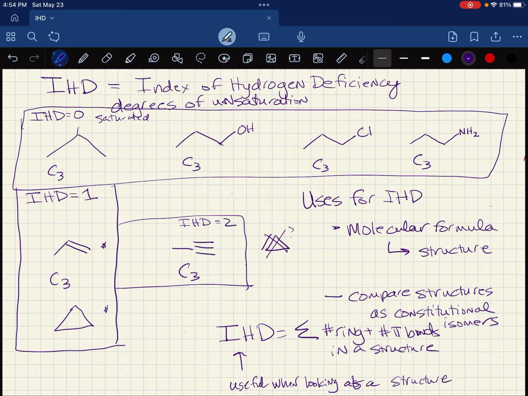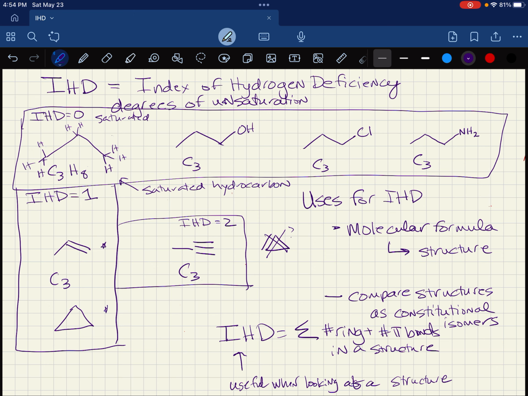We notice here that this particular one has 2 hydrogen atoms for each of the carbon atoms, except the end carbon atoms need an additional hydrogen atom. So we end up with 8 hydrogen atoms. So this is just a simple saturated hydrocarbon with no heteroatoms in it.